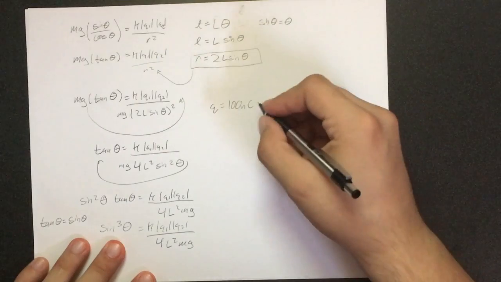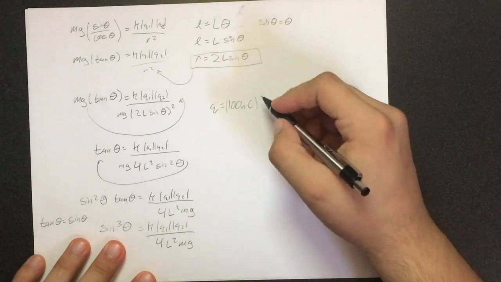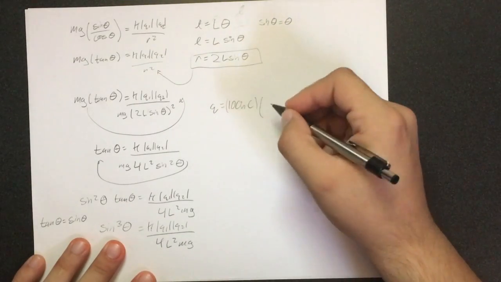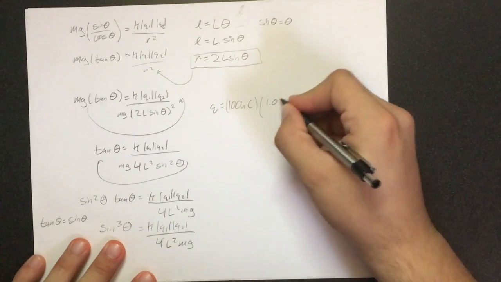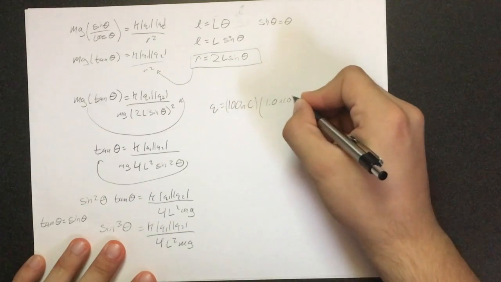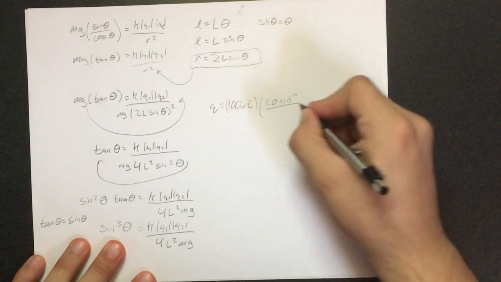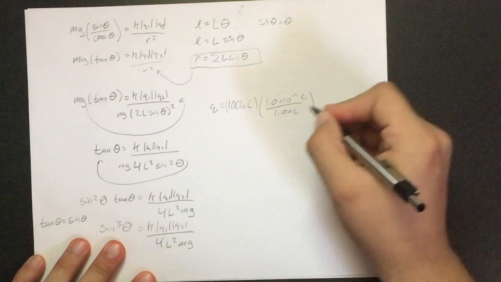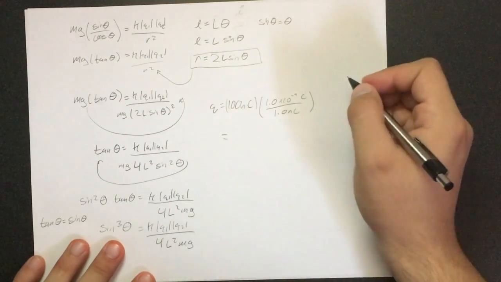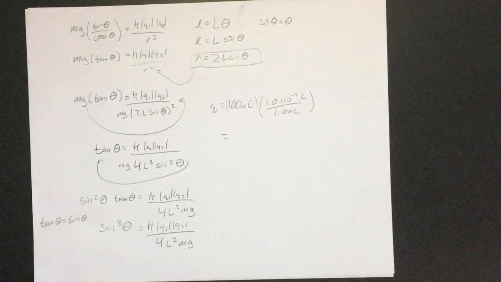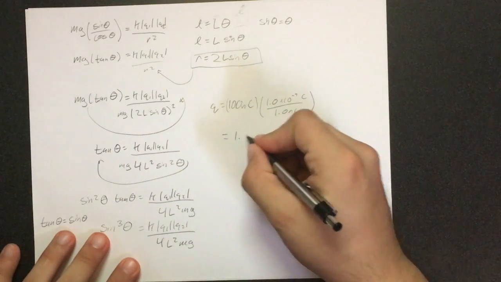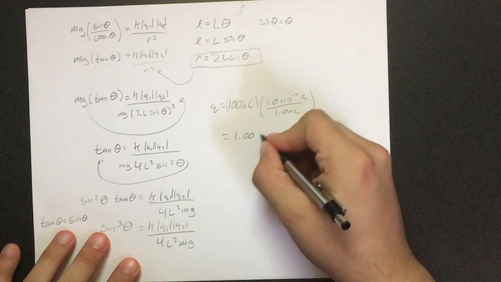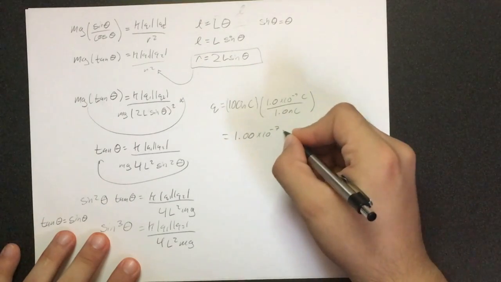So 100 nanocoulombs is the same as, let me just do the math first, I can't do that off the top of my head, 100 nanocoulombs is the same as 1.0 times 10 to the negative 7 coulombs.